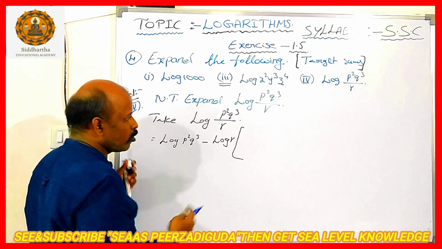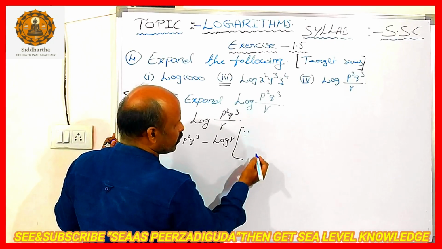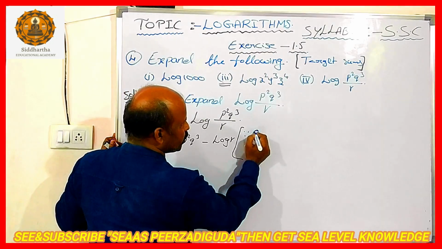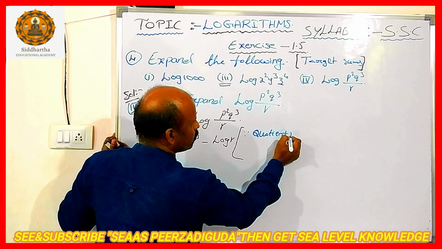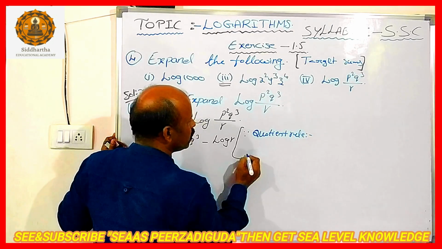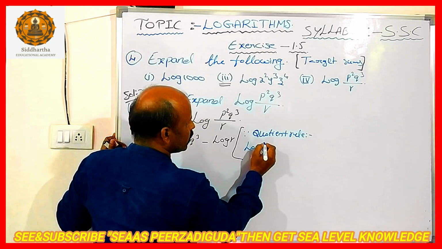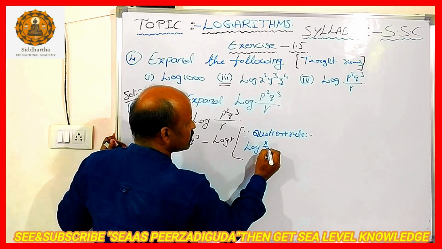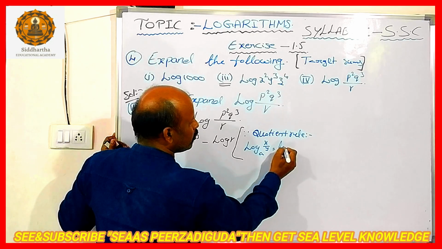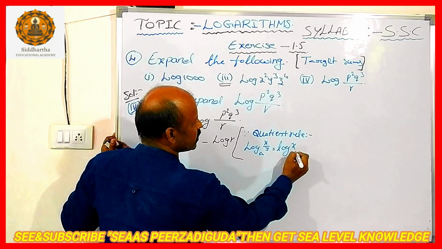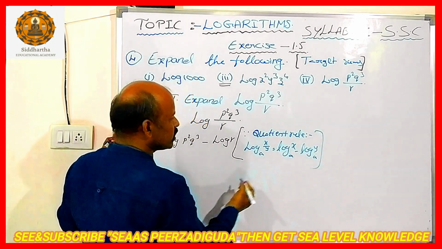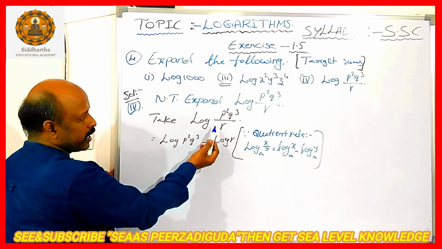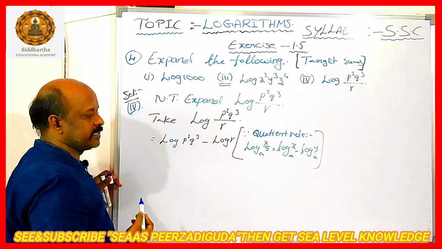Can you say? It is the quotient rule. What is that rule? Log x by y base a is equal to log x base a minus log y base a. So by using this rule, I split it like this.